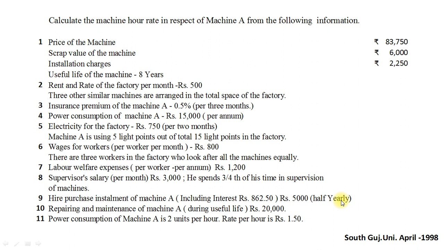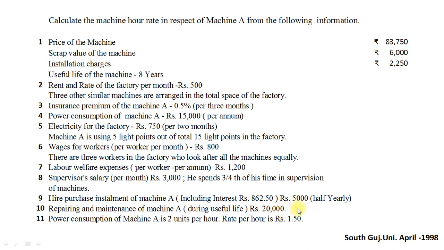Next, repairing and maintenance of machine A during useful life is rupees 20,000. Our machine's useful life is 8 years, and repair expense for useful life is rupees 20,000. So per annum repairing expense would be 20,000 divided by 8 years, that is 2,500 rupees.